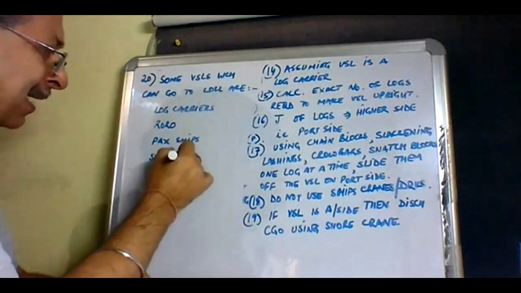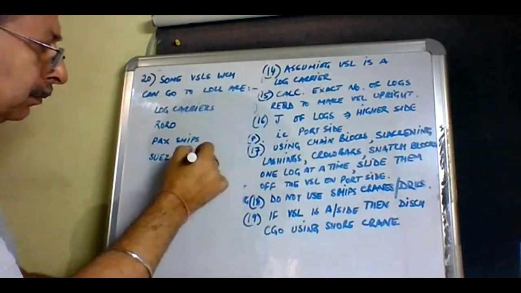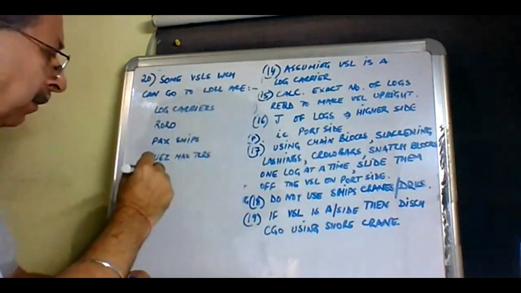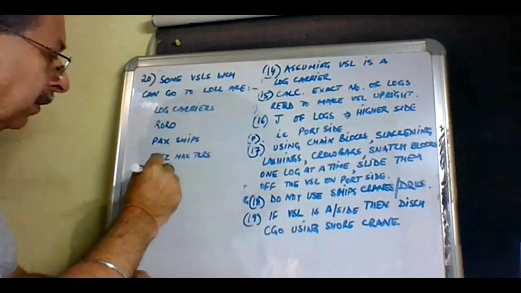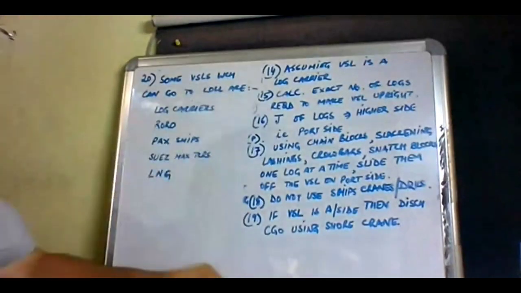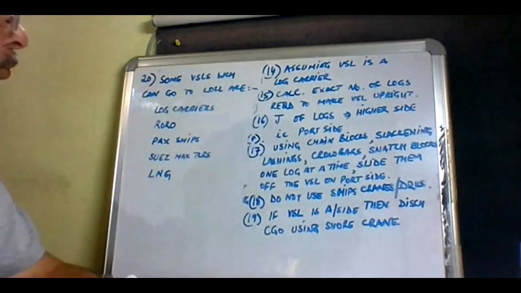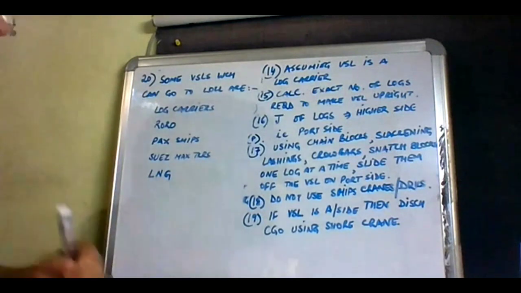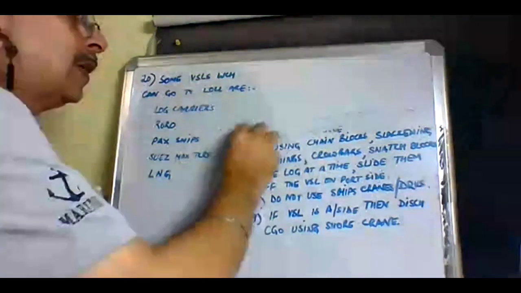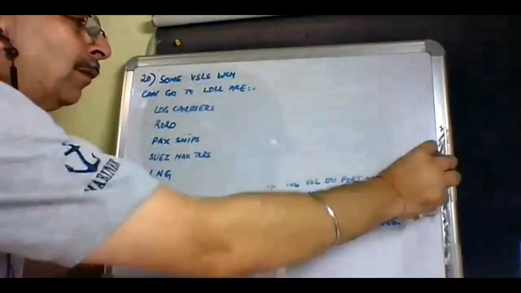Certain Suezmax tankers were found to go to an angle of loll. And very recently, these large LNG vessels, the large ones, have also been found to go to an angle of loll. These are some of the vessels which go to an angle of loll.